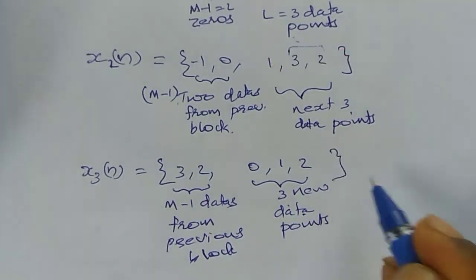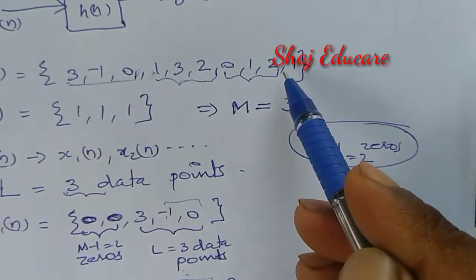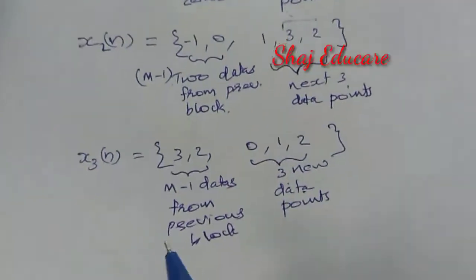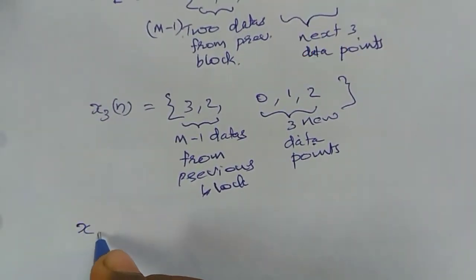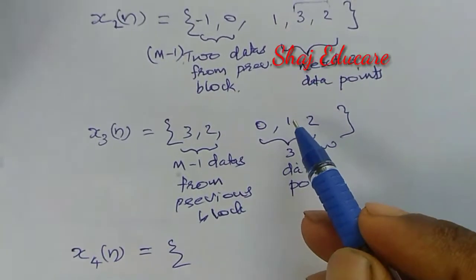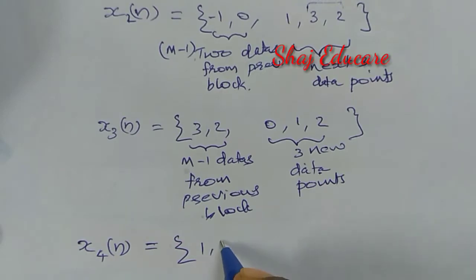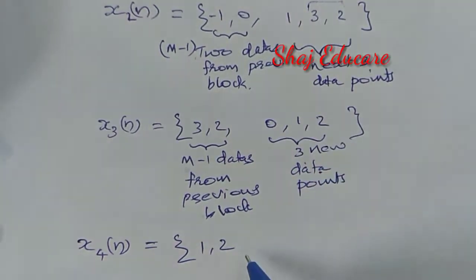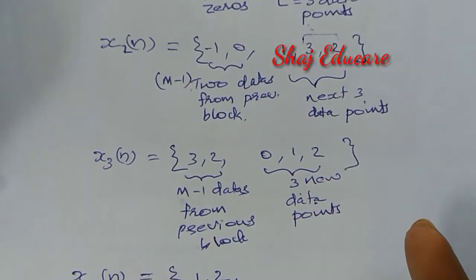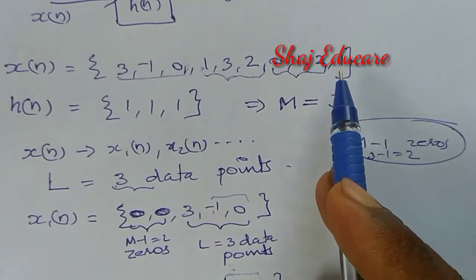Then again, one element is remaining here, so we have to construct one more data block x4 of n in the same manner. Reuse the last 2 data from the previous block, 1 comma 2. Next, put the next 3 elements.